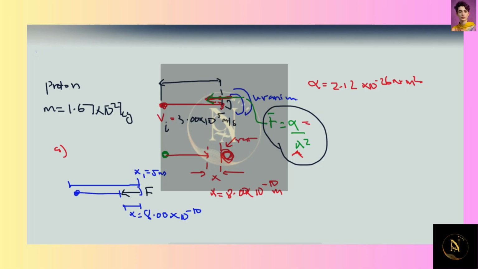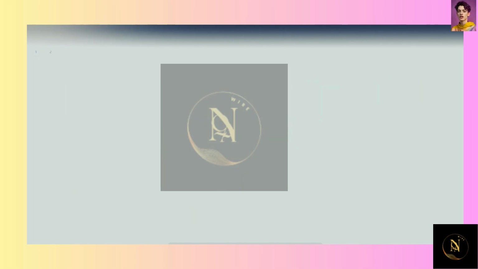So I'm going to continue in the next page, just having a simple diagram. You have the uranium. This point here, I'm calling it x equals 8.00 times 10 to the negative 10 meters. And then the start is x1 equals 5 meters.